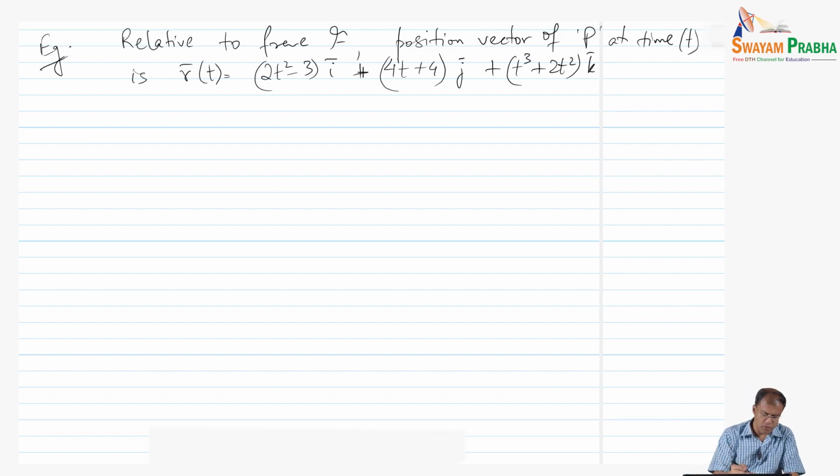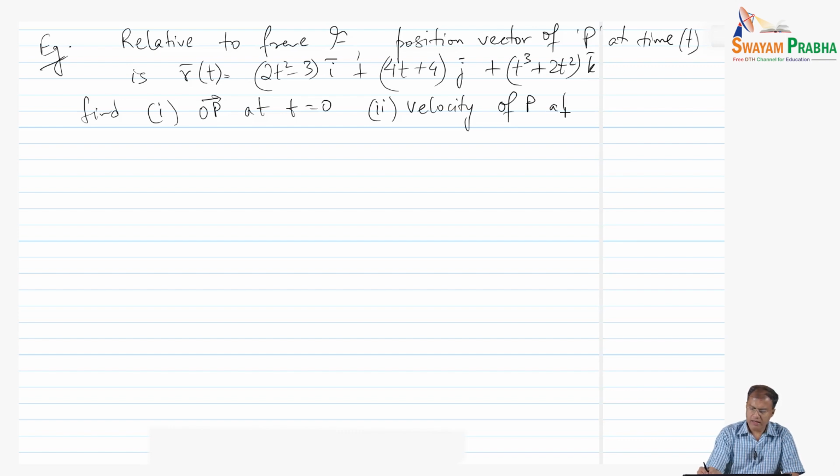What we have to do is find the position vector OP at time t equal to 0. That is the initial position vector. The next part of the problem says you have to find the velocity of P at t equal to 1.